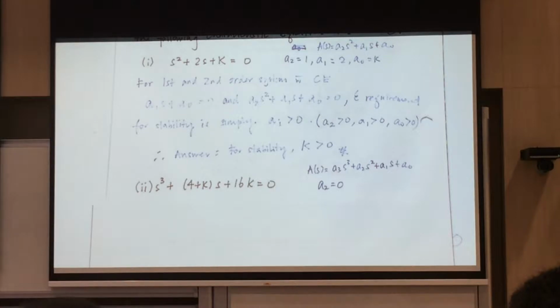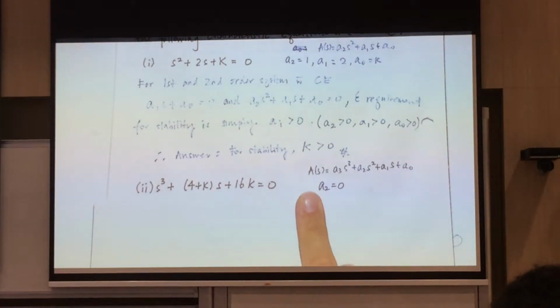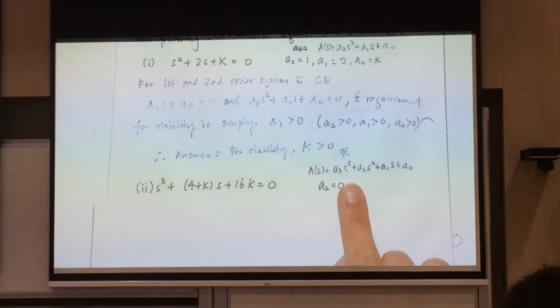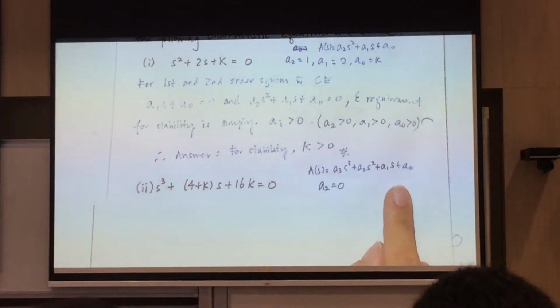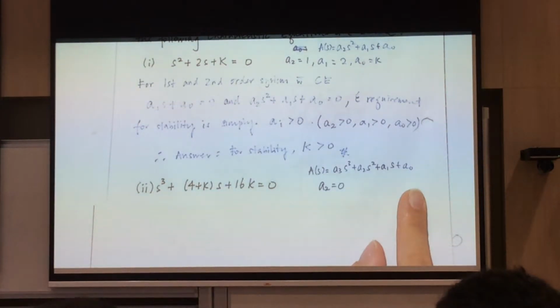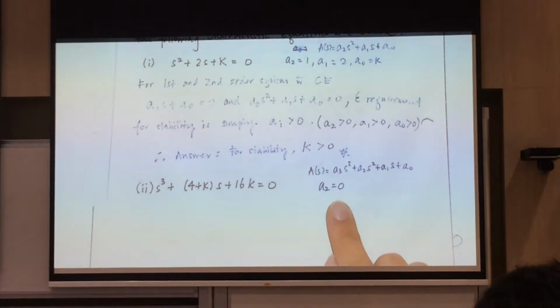s to the power 3 plus (4 plus K)s plus 16K equals 0. Tell yourself this is already the characteristic equation, already your A(s). For a third order system, A(s) is a3 s cubed plus a2 s squared plus a1 s plus a0. Here, is there any s squared? No, so a2 is 0.